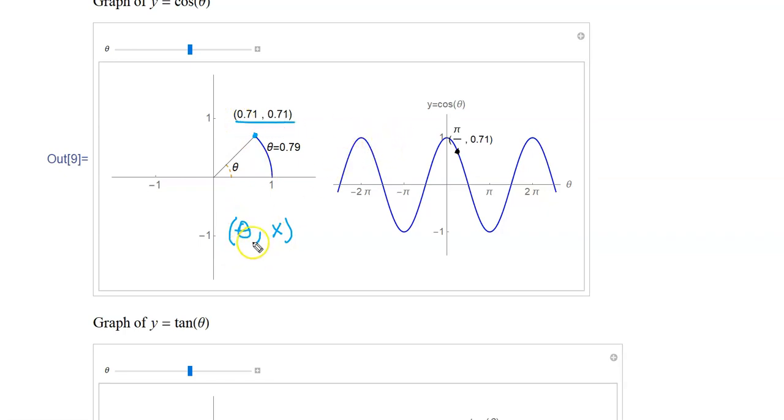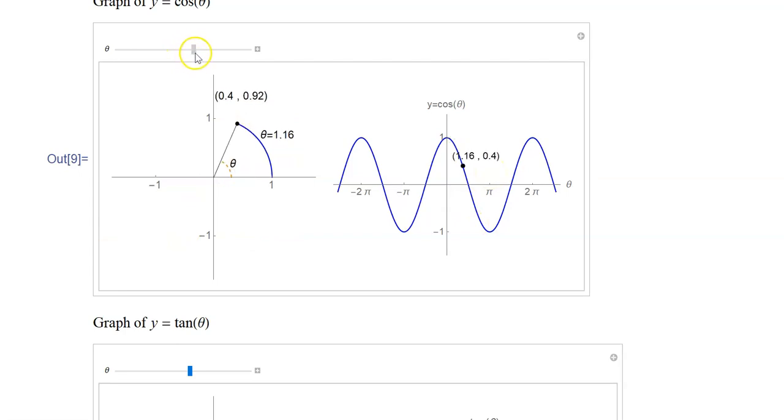Because remember, the cosine of theta is adjacent over hypotenuse, and this is the unit circle, so our hypotenuse is always 1, and the adjacent side is our x-coordinate in this case. That corresponds to the adjacent side of a triangle drawn like this. You see that's x right there, so this distance is x. And so as we let this angle continue, we will plot out these points right over here on the graph of our cosine function.